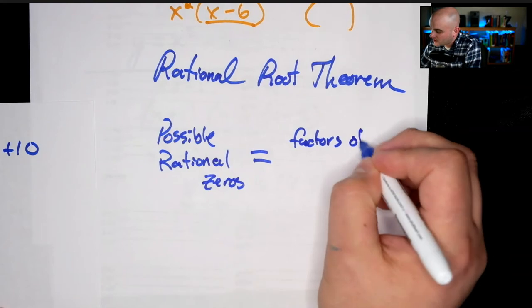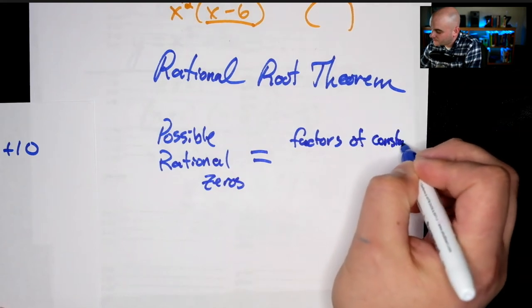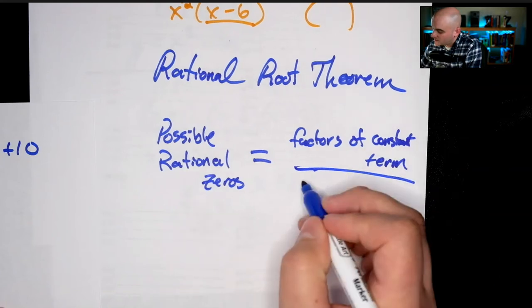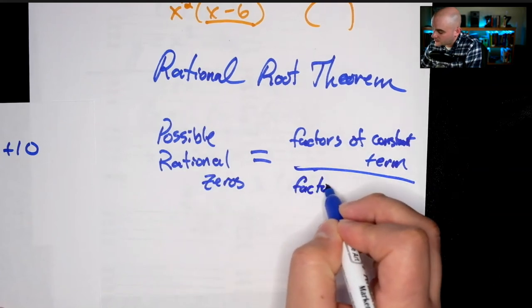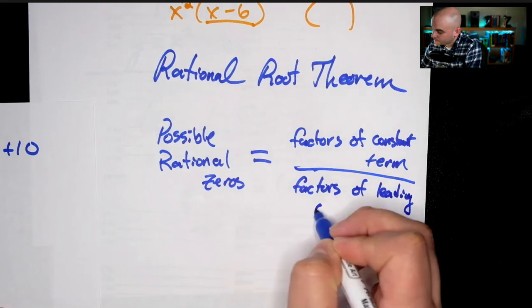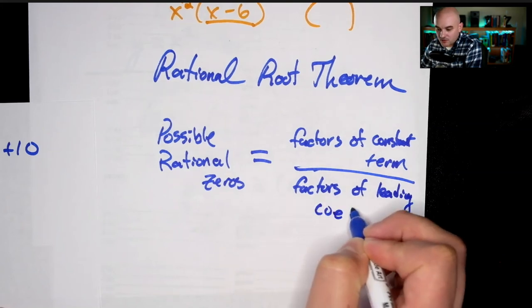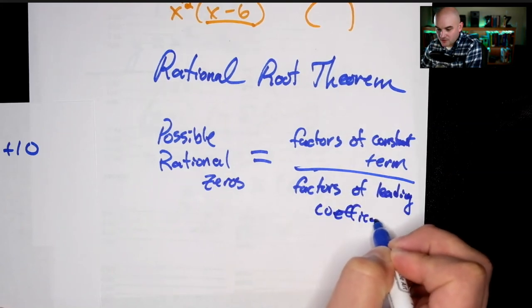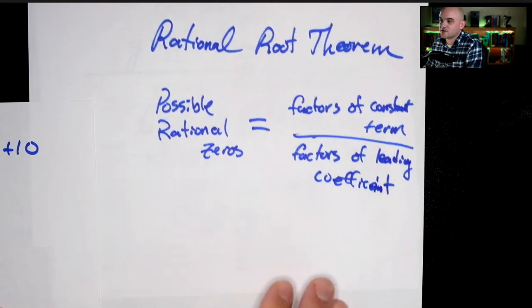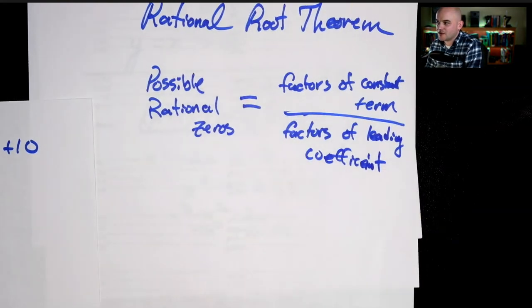Factors of the constant term divided by factors of the leading coefficient. I have to look to see how that's spelled. I'm still spelling it wrong, so maybe I should write in cursive so you can't tell as easily. So, factors of the leading coefficient.